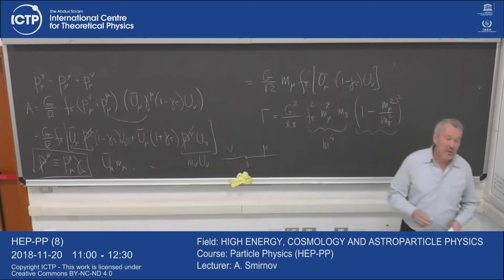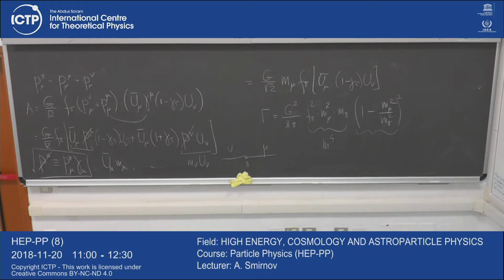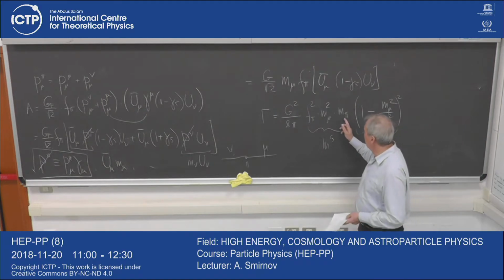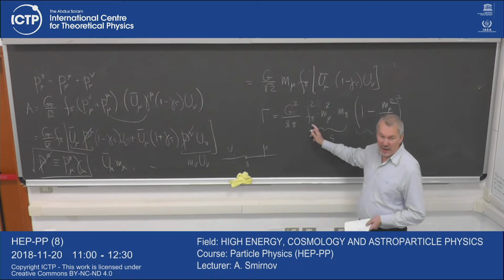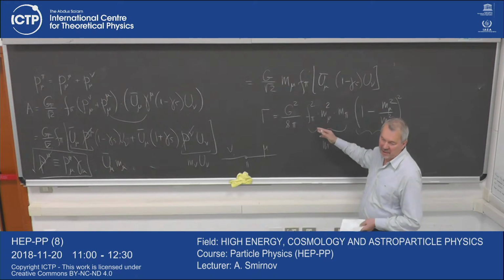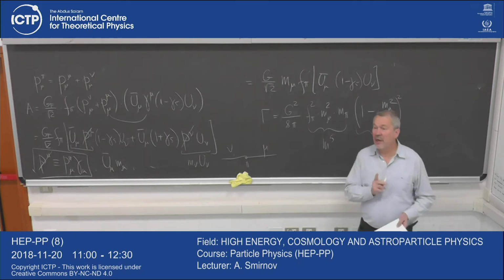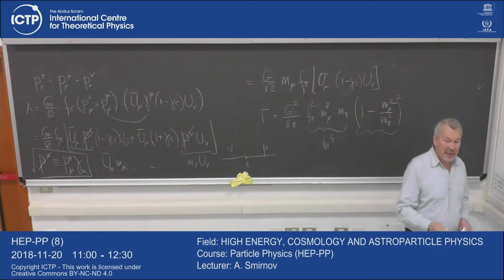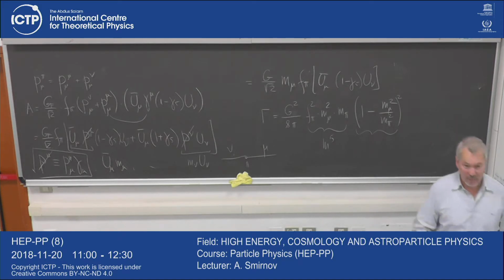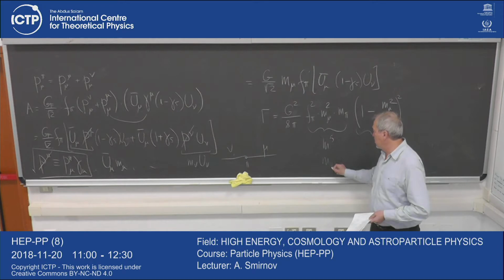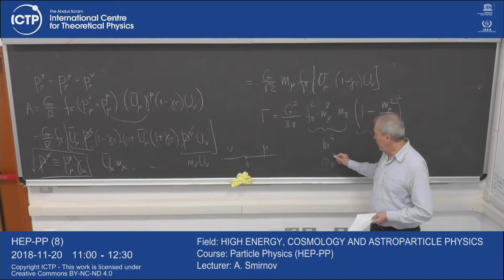Remember I said that in the case of muon decay, we just put the mass of the muon to the fifth power. Remember when we did the estimation. Here it would be wrong, because what stands here are different masses. This F_pi, which a priori can be quite different from the mass of the pi. Here we have the mass of the muon, and here we have the mass of the pi. So this is a case when very naive dimensional arguments do not work, because naively you would say, okay, we'll put here the mass of the pi to the fifth power.